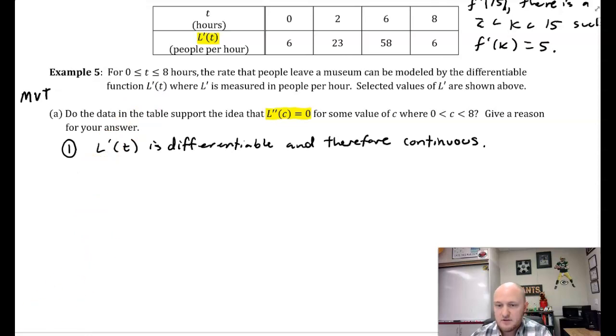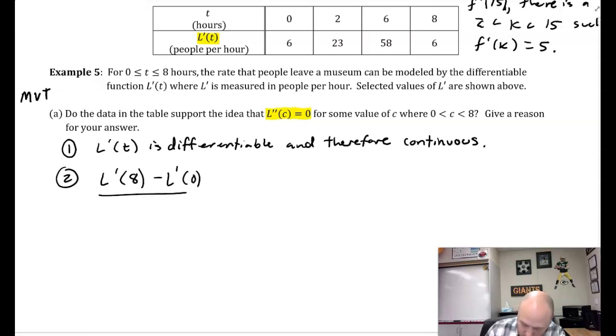Okay, and then now number 2, I need to go ahead and show that the average rate of change is equal to the instantaneous rate of change. So my average rate of change, L prime of 8 minus L prime of 0 over 8 minus 0. I want to show that it's equal to this value right here. This is what I'm hoping for, okay?